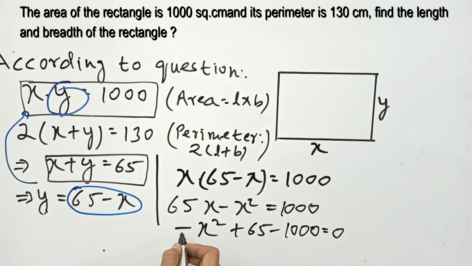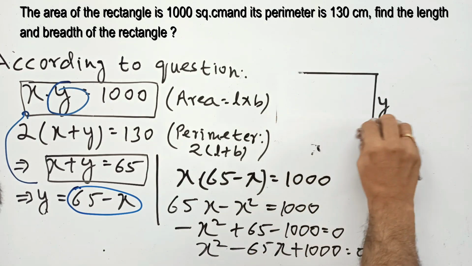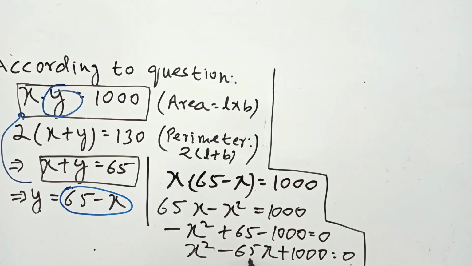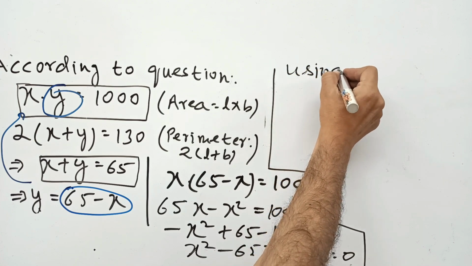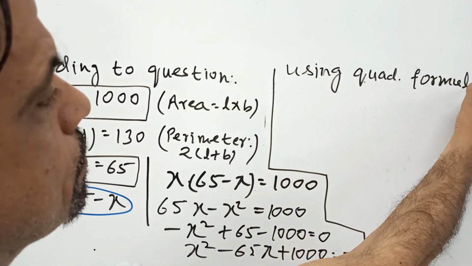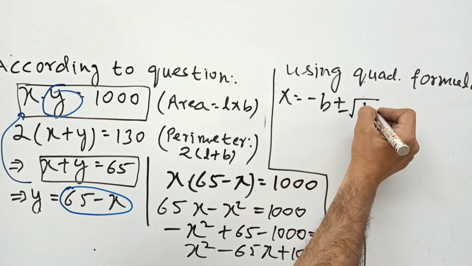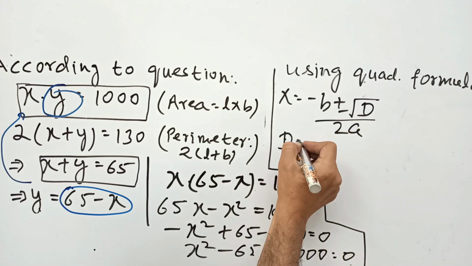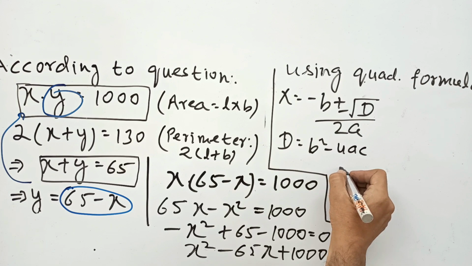Now listen students, in order to convert into standard form, we'll multiply by minus 1. Now we will solve this quadratic equation. See, this is somewhat tedious, the numbers are bigger, so we can use the quadratic formula. First, let us compare with the equation ax square plus bx plus c.